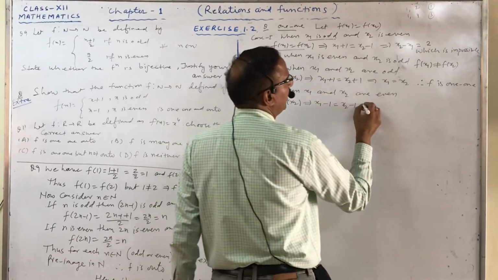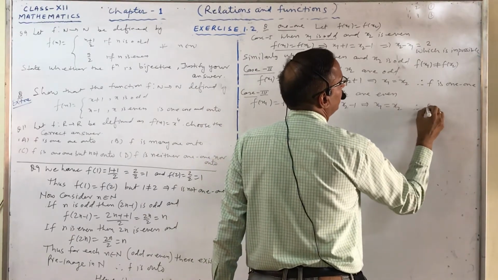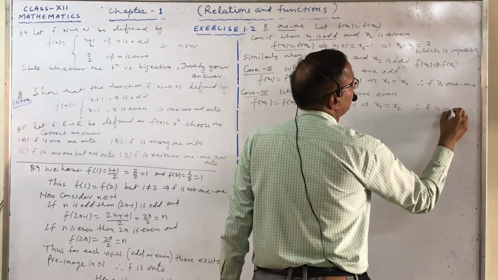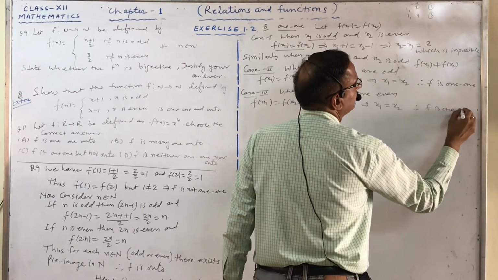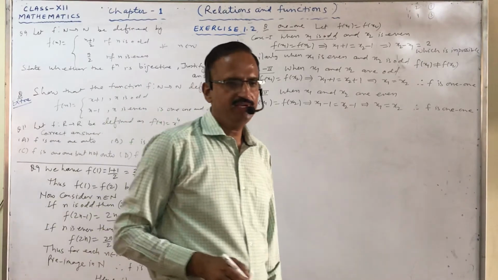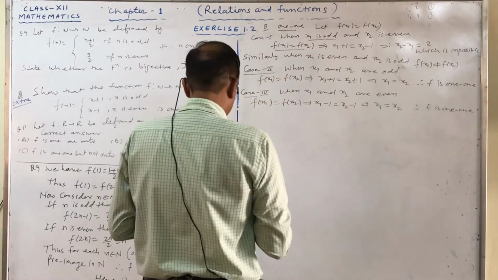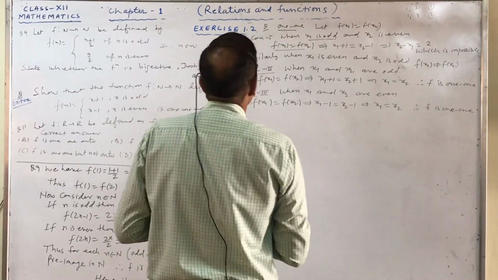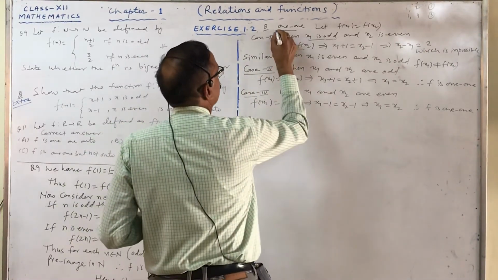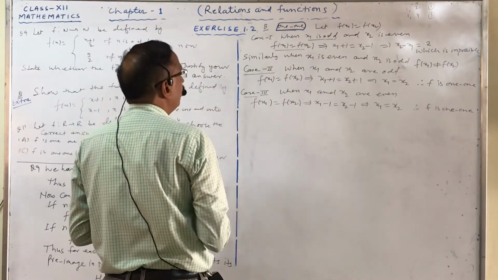Minus 1 cancel out. We will get x1 equals x2 and therefore f is 1-1. It means this function f is 1-1. This is over. Now for onto.